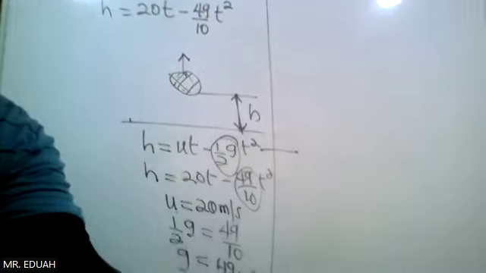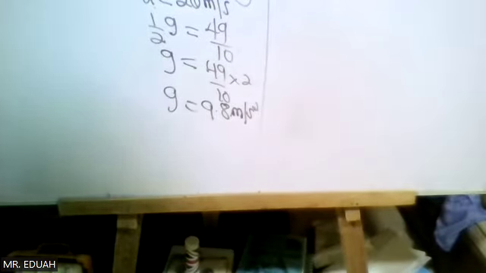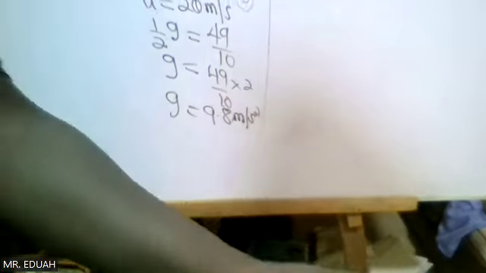Okay. We are told now to find, hello. Please, if you are finding g in any question, the answer you are supposed to get, is it 9.8? It can be 9.8 or something close to 10.